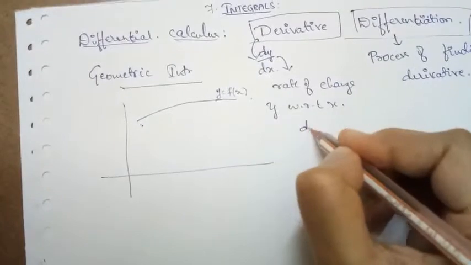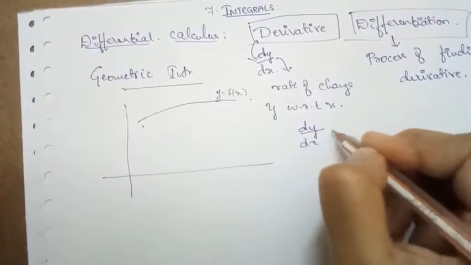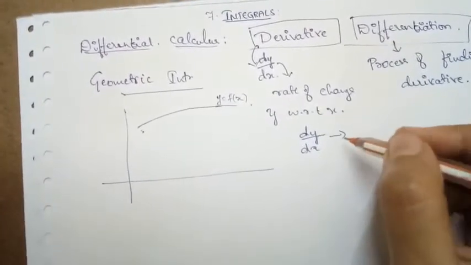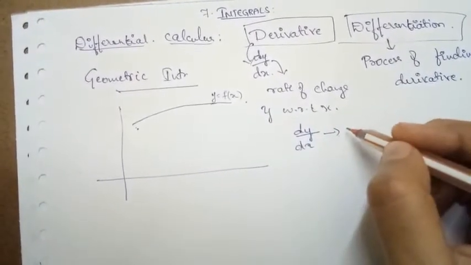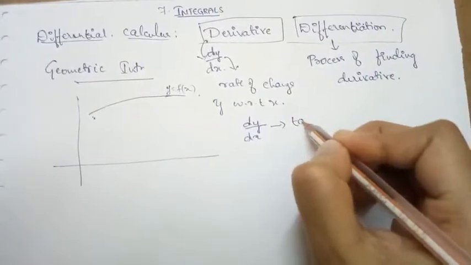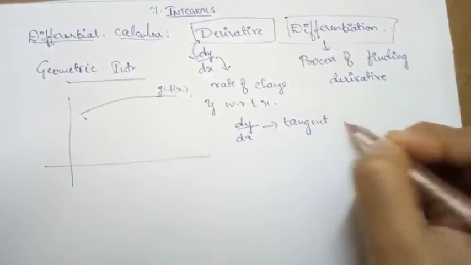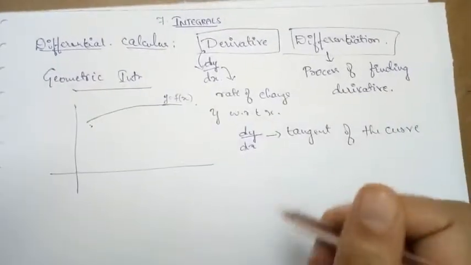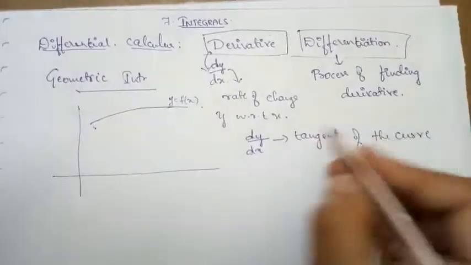Then dy by dx, the geometrical interpretation, is nothing but the tangent of the curve.